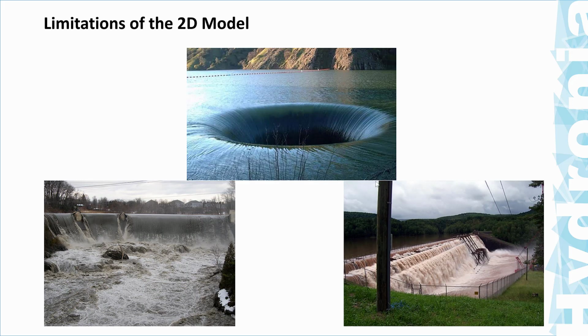Now, the 2D models are not without limitations, because the fact that you cannot have vertical accelerations in the flow makes it difficult to deal with structures like a morning glory spillway or this other spillway here, where you have a very high vertical velocity.